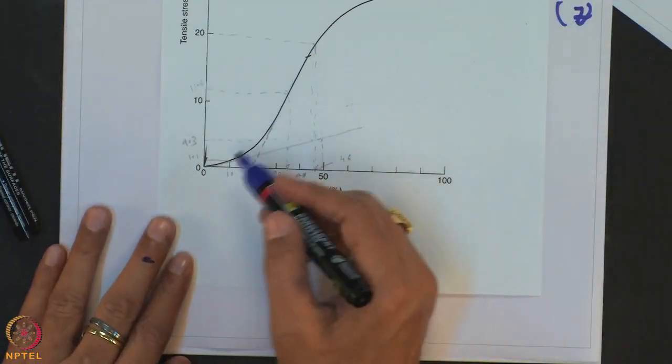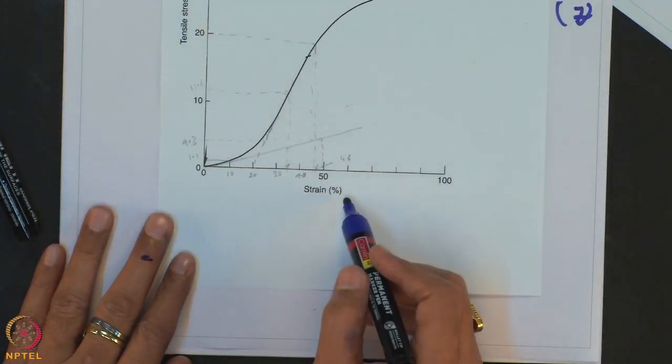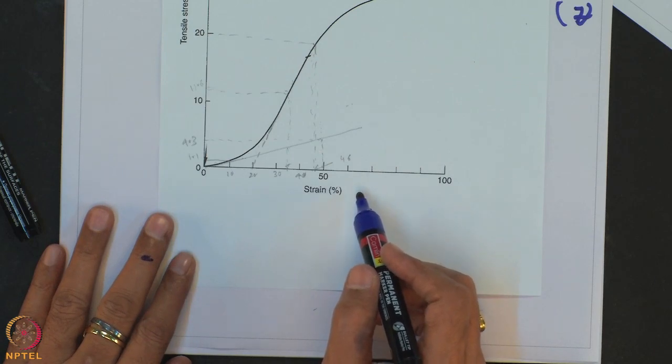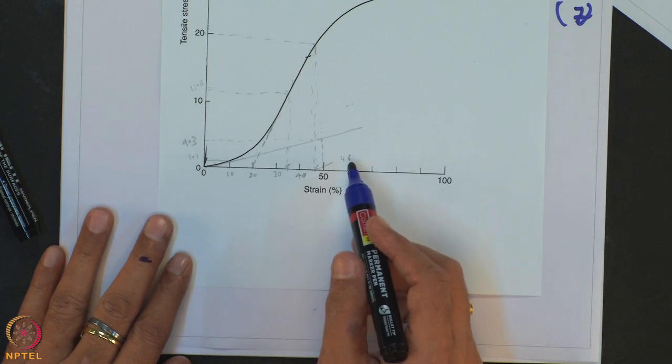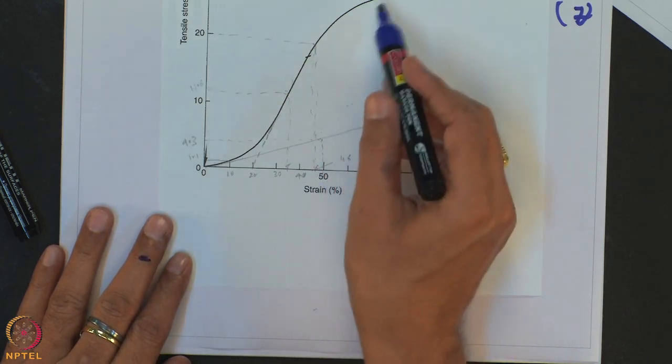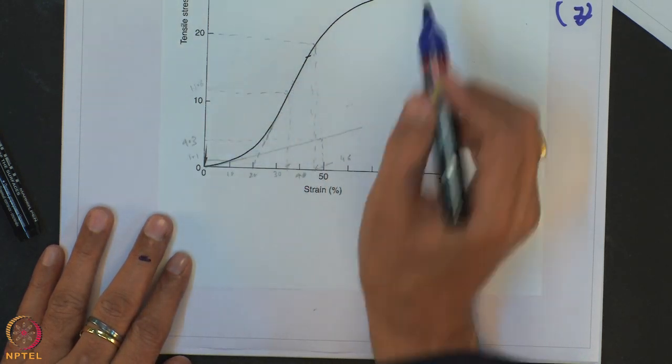For example, this is the tensile stress and strain curve for the non-woven needle punch geotextile material.